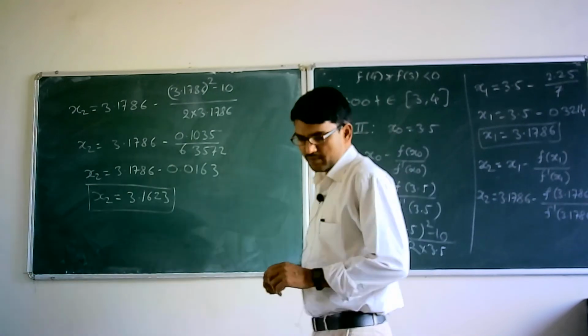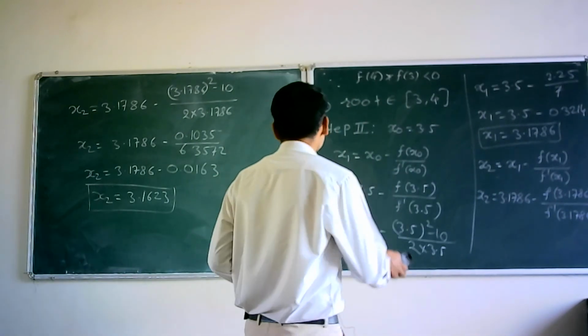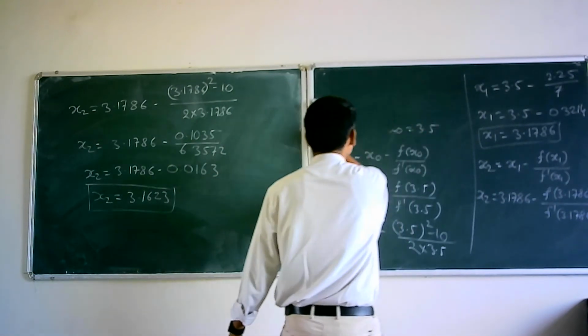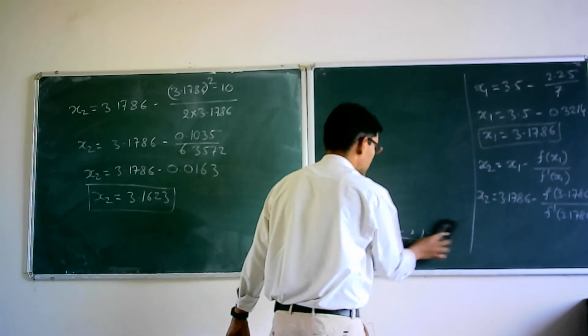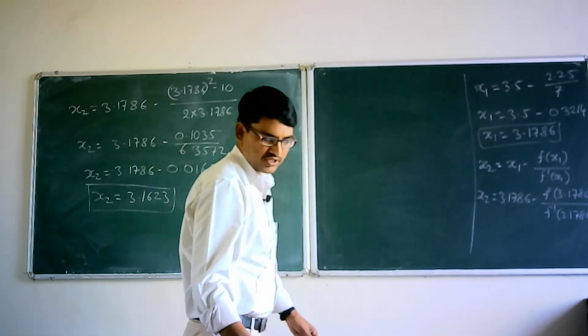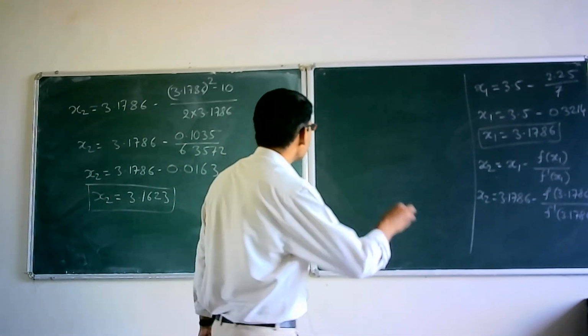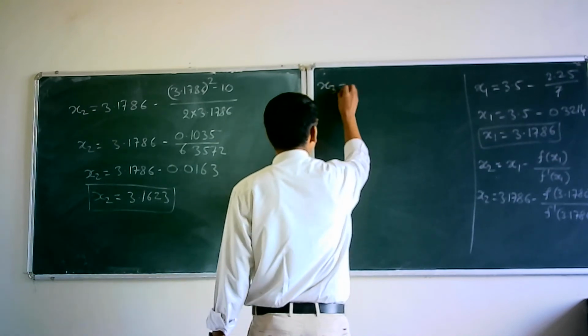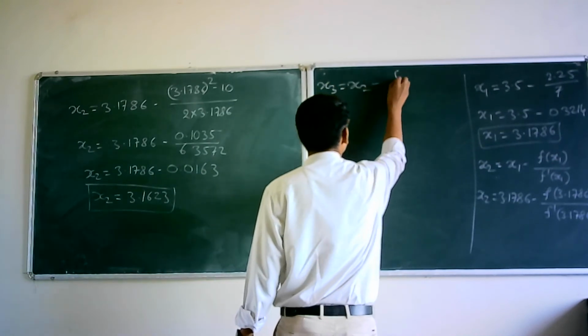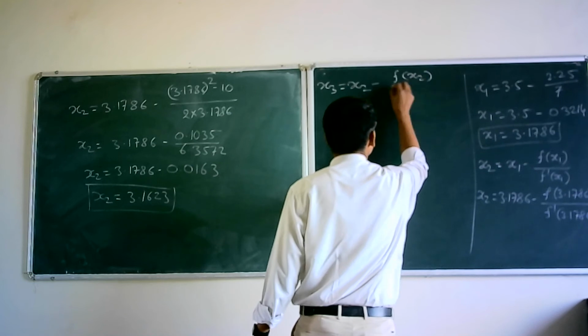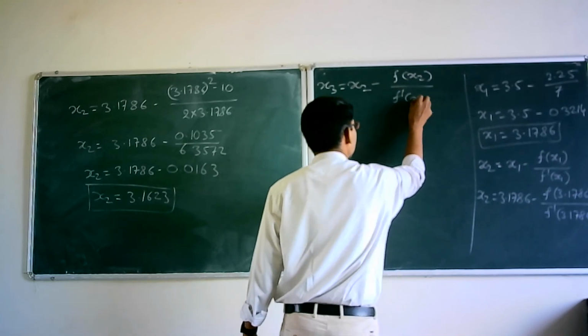Now if you observe the previous two successive roots, that is x1 and x2, they are correct up to 1 decimal place. But we want the root to be correct up to 3 or 4 decimal places. So next again we want to determine the value of x3. By using the Newton-Raphson formula, x3 is equal to x2 minus f of x2 divided by f dash of x2.